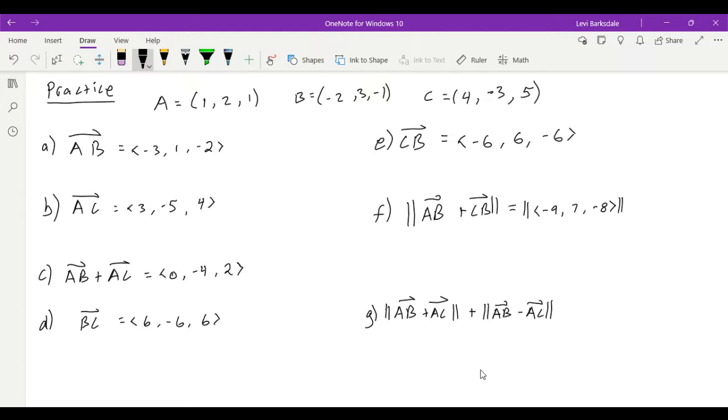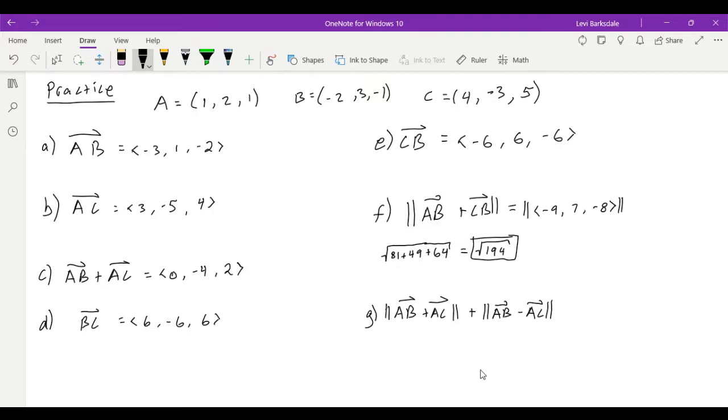Now I can plug this into my Pythagorean theorem, and that gives me the square root of 9 squared is 81, plus 7 squared is 49, plus 8 squared is 64. 81 plus 49 is 130, plus 64 is 194, so the square root of 194, which could maybe be simplified. 194 is not divisible by 4 though, so I'm just going to ignore it for now.